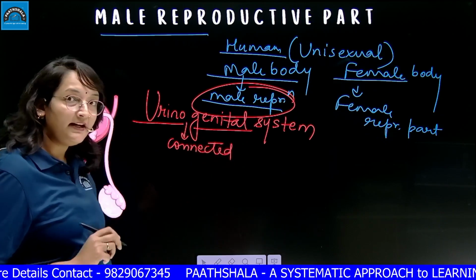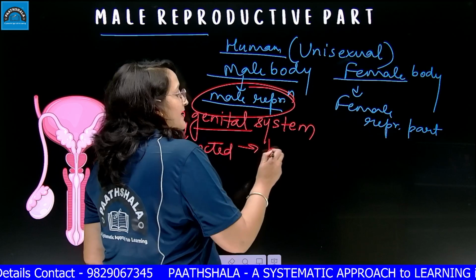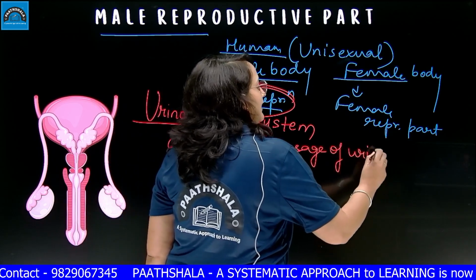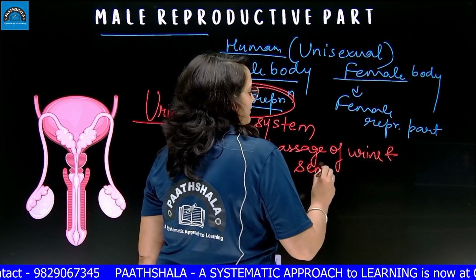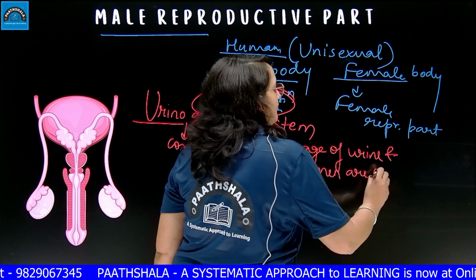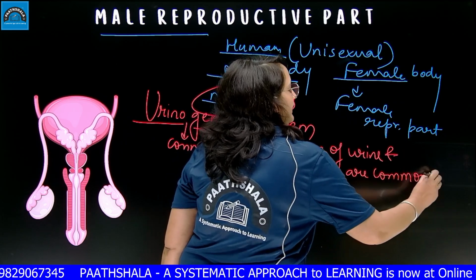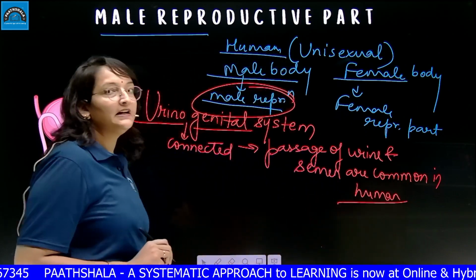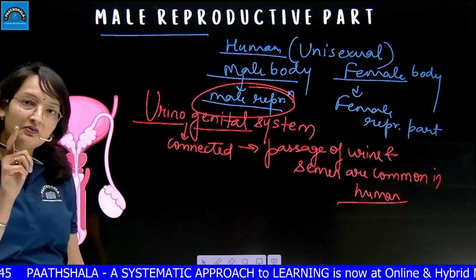What I mean to say is that the passage of urine and semen is common in the human body. That's why we call this system the urinogenital system. This is only in males.